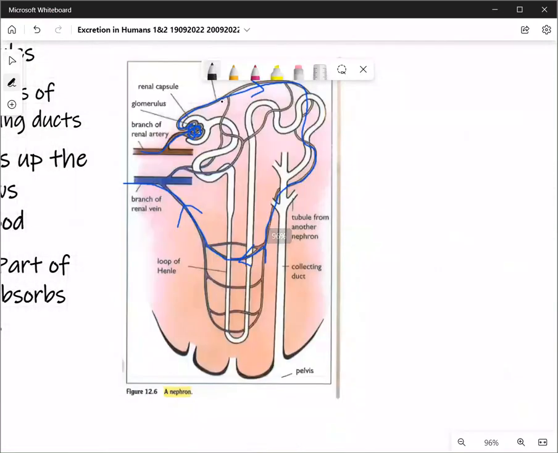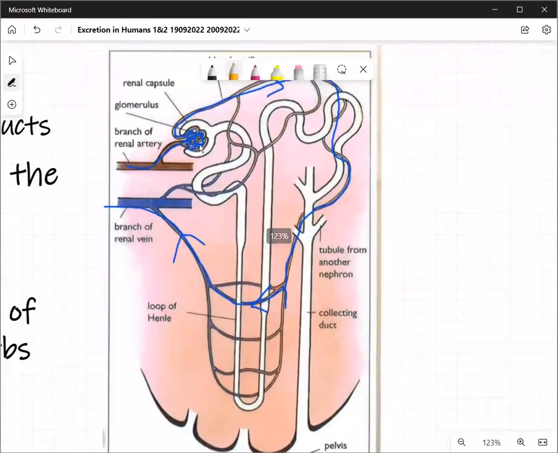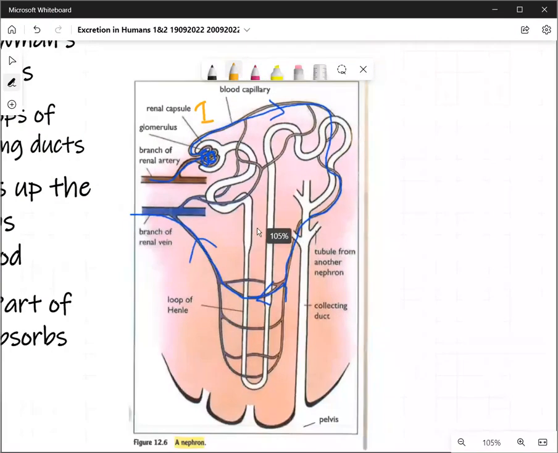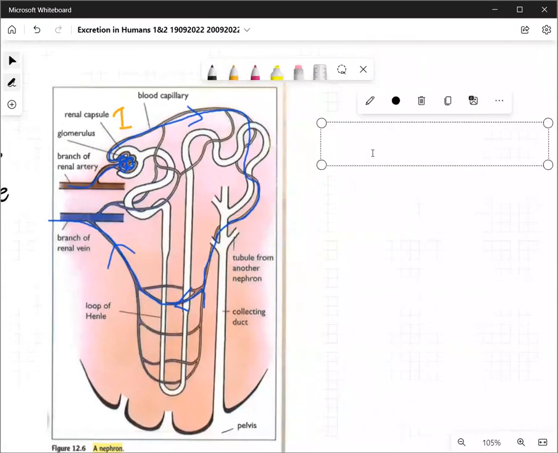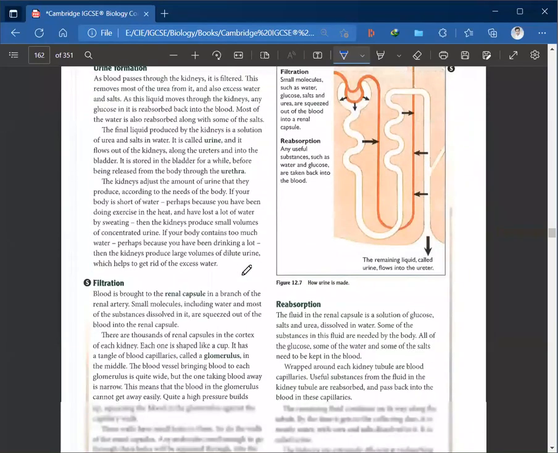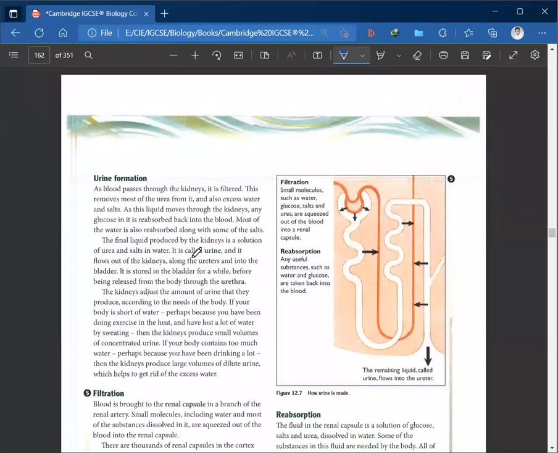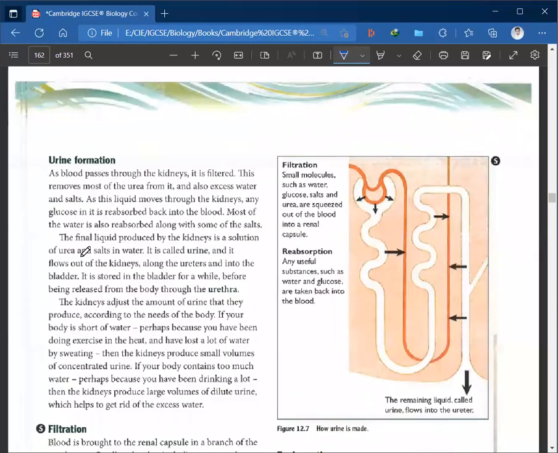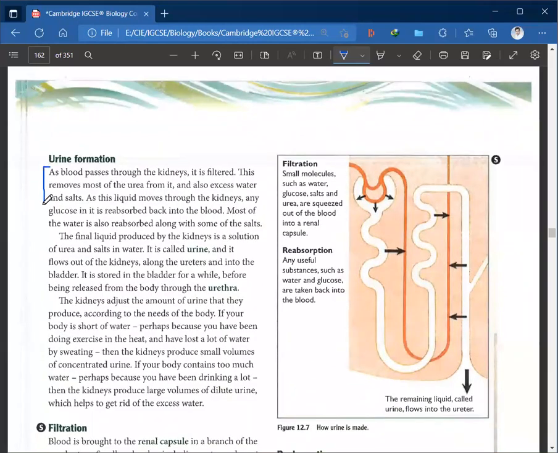I'm going to mark this down in yellow, number 1. The first thing that happens is called filtration. Let's look at the book, actually. They should have it. Okay, Zahra, read from here. Urine formation.